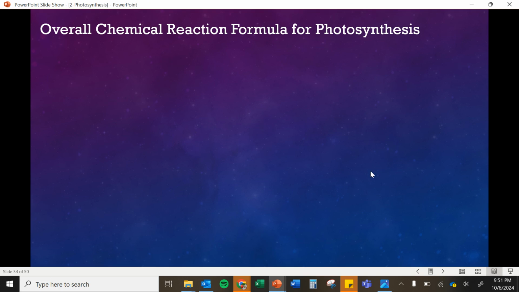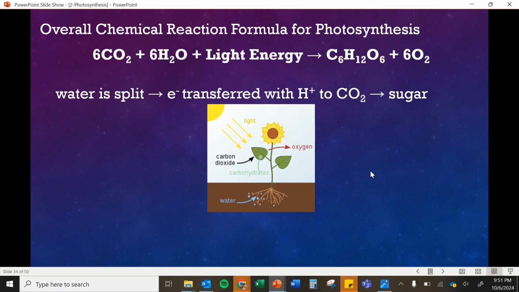The overall chemical equation for photosynthesis is 6 CO2 plus 6 H2O plus light energy, and sometimes this is drawn just over the arrow instead of in the equation itself, but it yields C6H12O6, which we do need to know is glucose, and 6 O2. Basically, we are taking this water and breaking it apart and using those electrons, and we are rearranging these carbon dioxides to turn them into sugar or glucose.